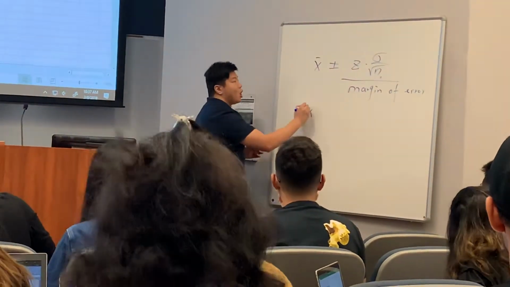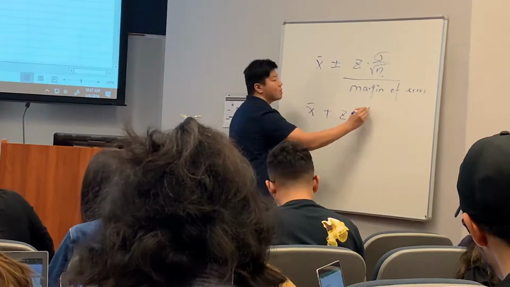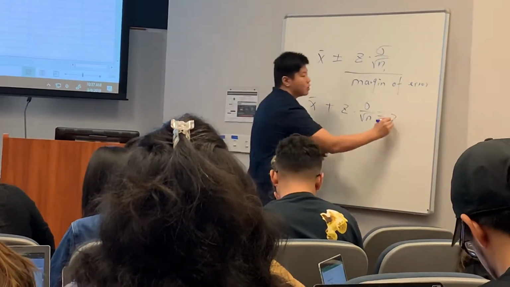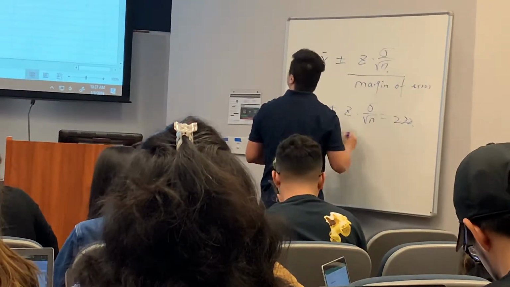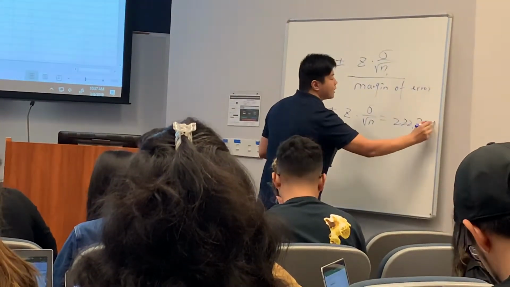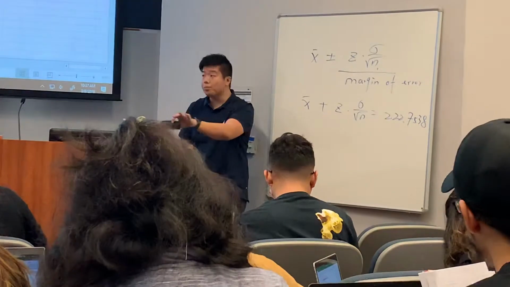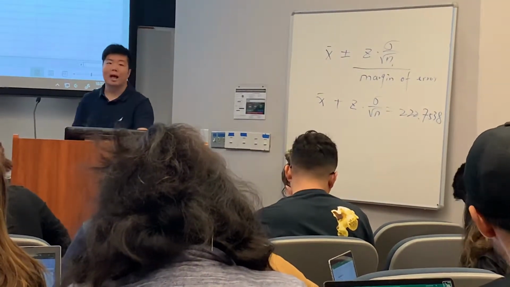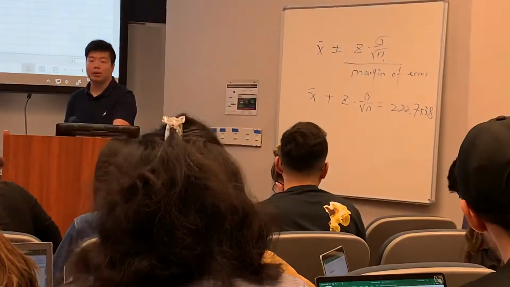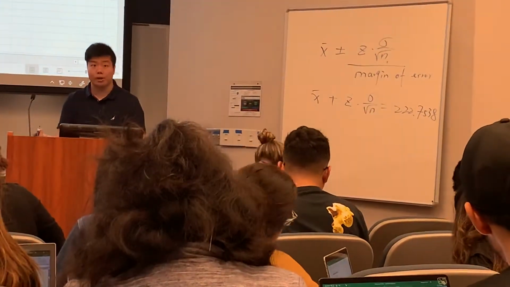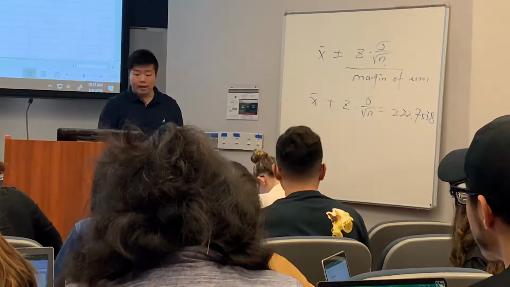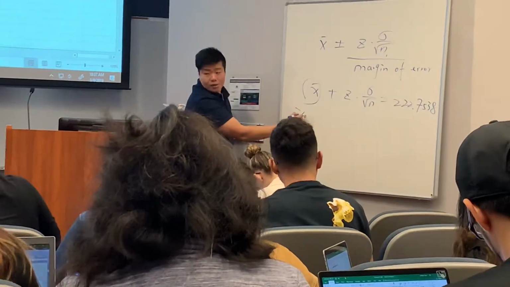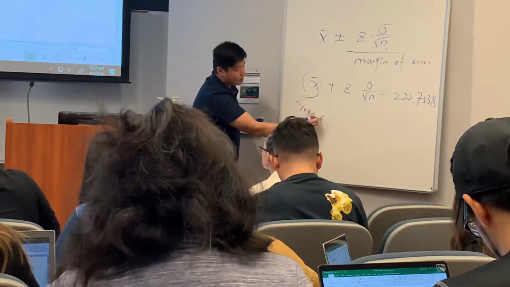So x bar plus z times sigma over square root n should be equal to 222.7538. You can choose either point to create your equation, but I prefer the positive point. My x bar is negative 1046.6091.